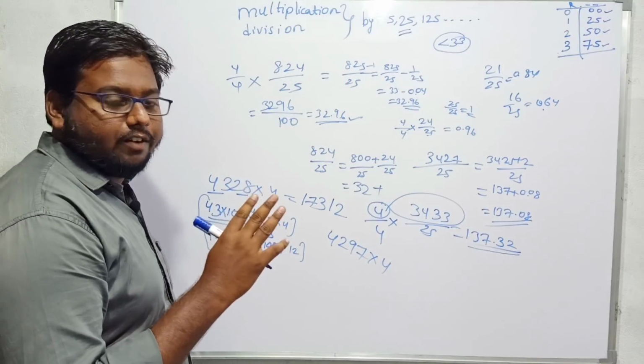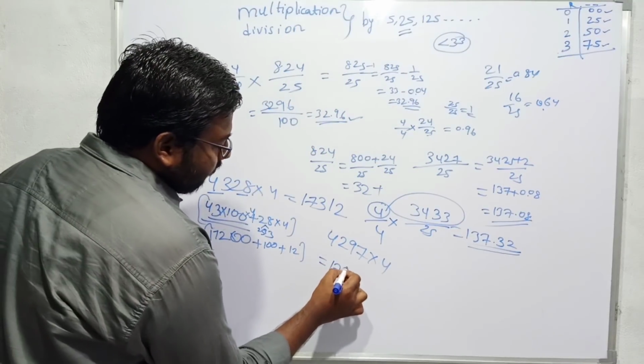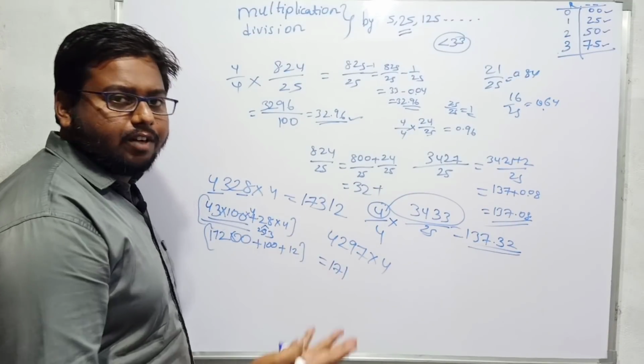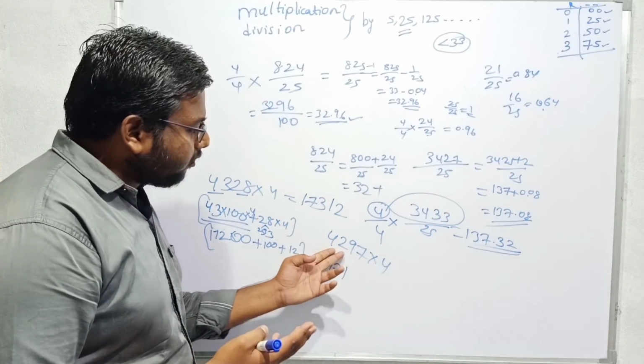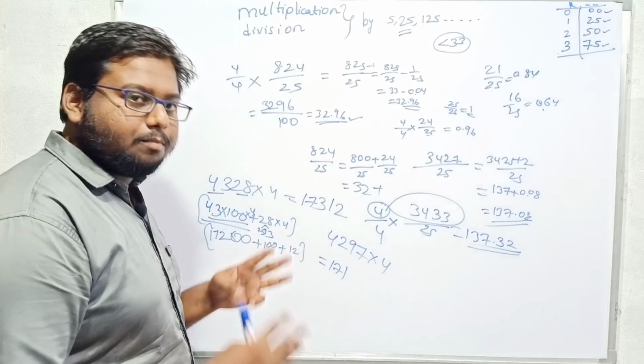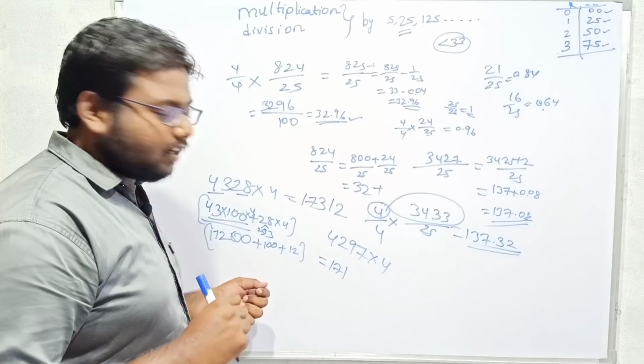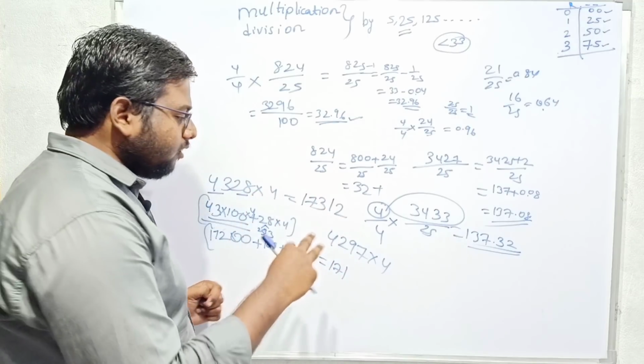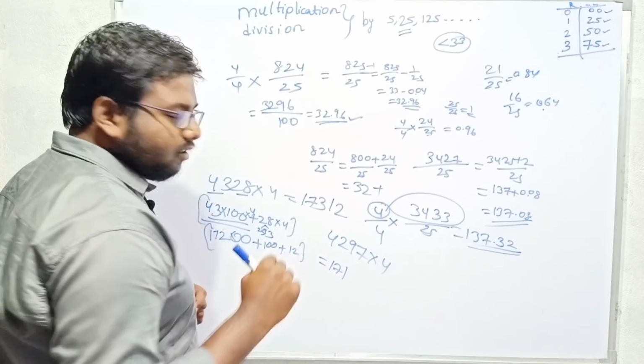This will be 171. Why I added 3 means here 75 is there. 75 fours is 300. So 42 fours is 16800 and plus 300, this will be 17100. So I need not bother about hundreds, and I can simply add 3 to 168, that will be 171.